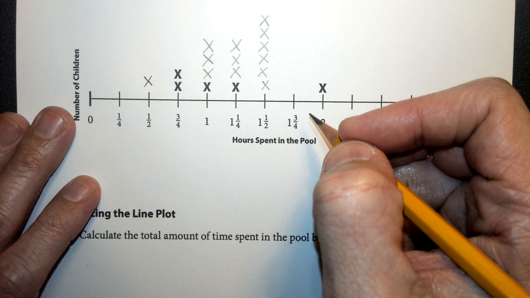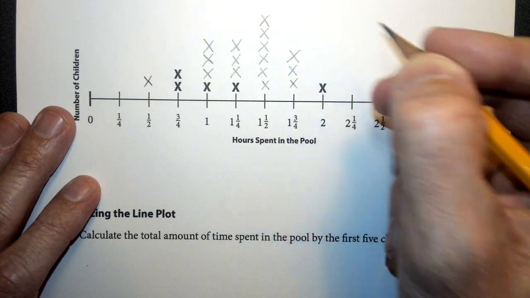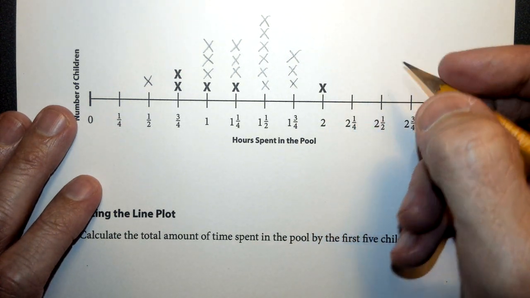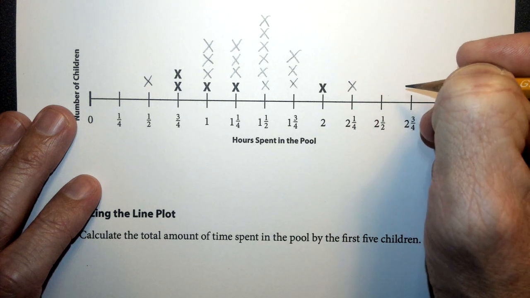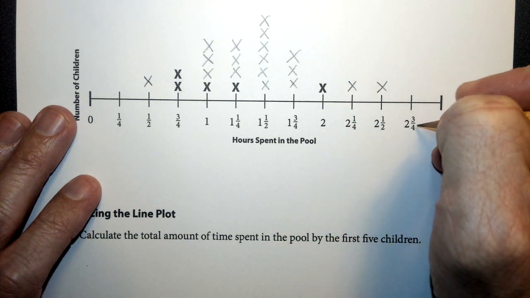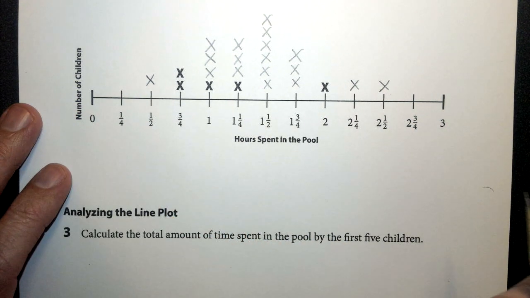And then you needed 3 x's for 1 3/4. We have 1 x for 2 already. And then for 2 1/4, we needed 1 x. For 2.5, we needed an x. And then we didn't have anything for 2 3/4 or 3, nothing for 1/4, and nothing for 0.